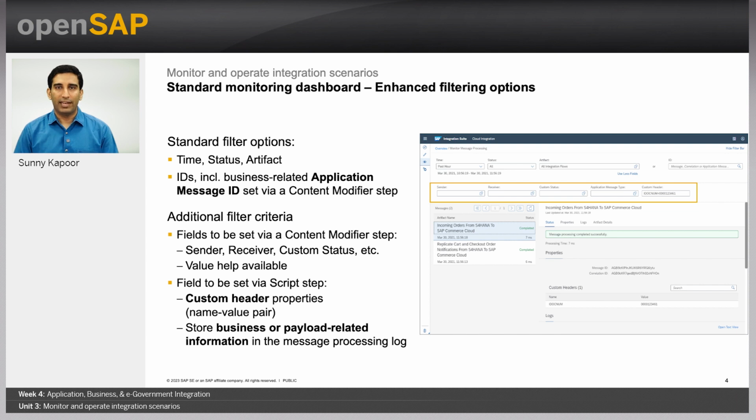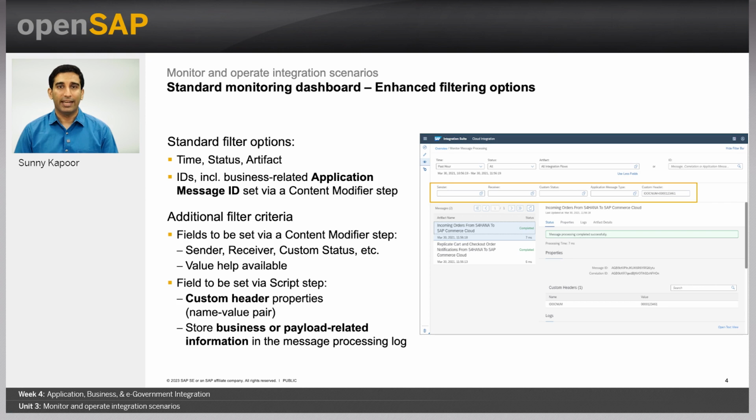The standard monitoring dashboard also provides enhanced filtering options for processed messages in addition to the standard filters. The standard filter options in cloud integration monitoring include time, status, and artifact IDs. Additionally, users can also set additional filter criteria using additional properties that can be written to message processing logs at runtime using a content modifier step.